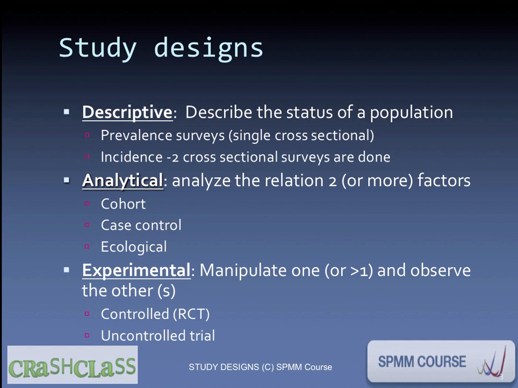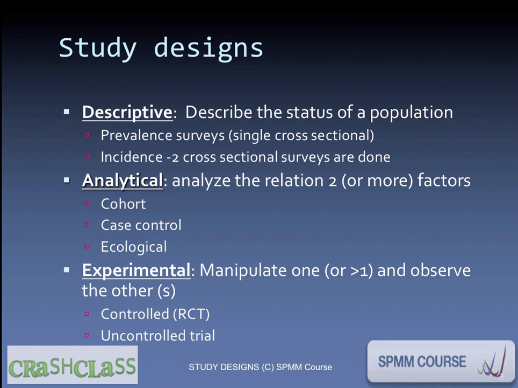So if you take a group of people and measure whether they have a particular diagnosis or not, you're doing a survey. And a survey that is done in a sample of people is called a cross-sectional survey. If you do the same survey for the entire population, you will call that a census study.